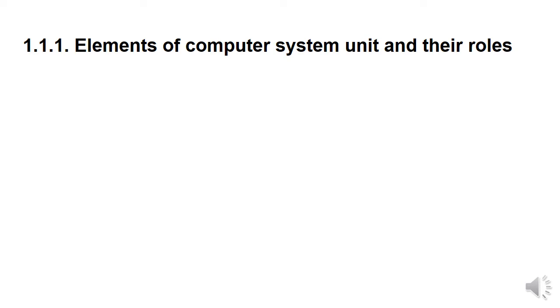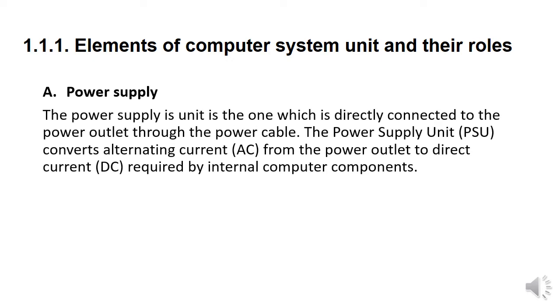Elements of a computer system unit and their roles. The first element is a power supply. A power supply unit is the one which is directly connected to the power outlet through the power cable.